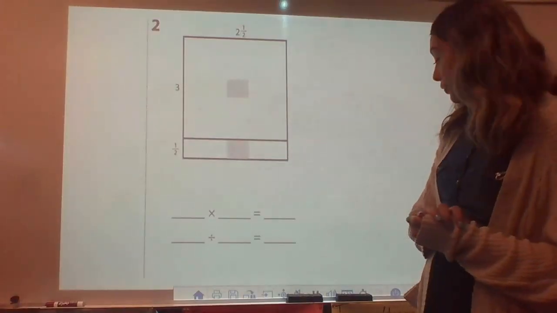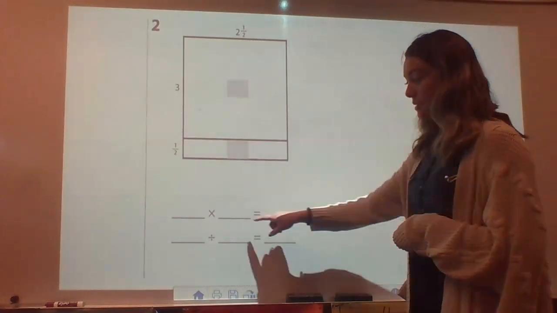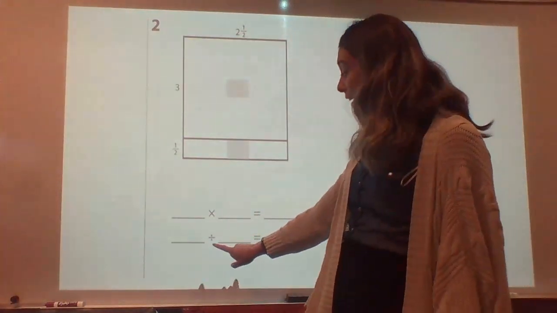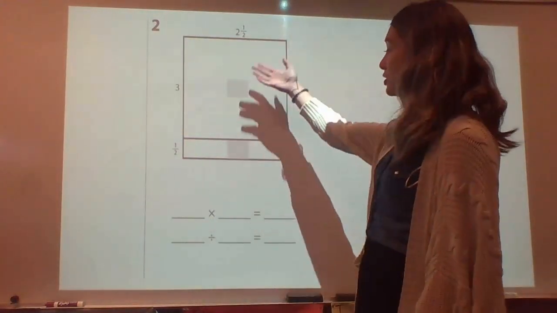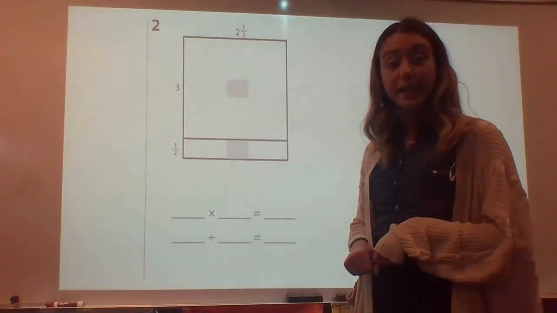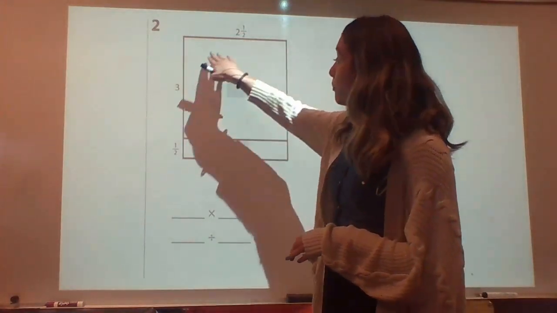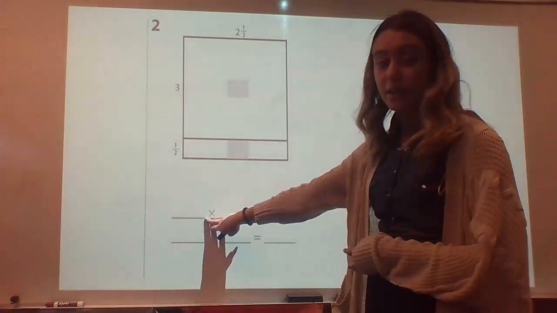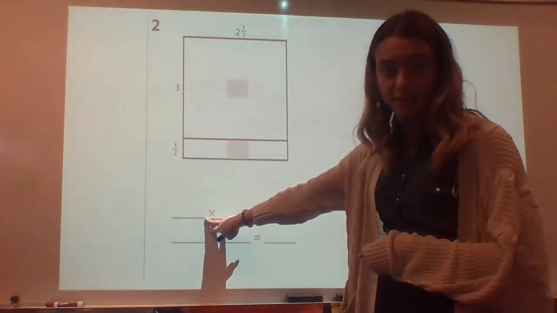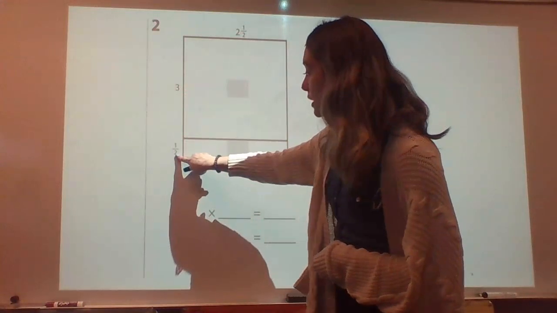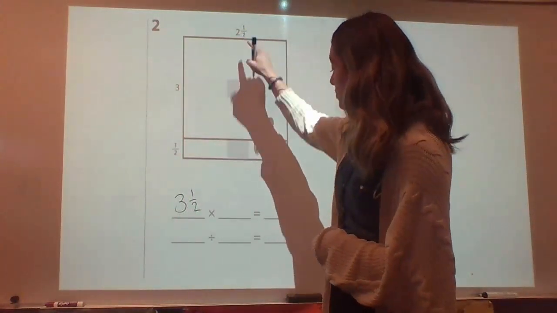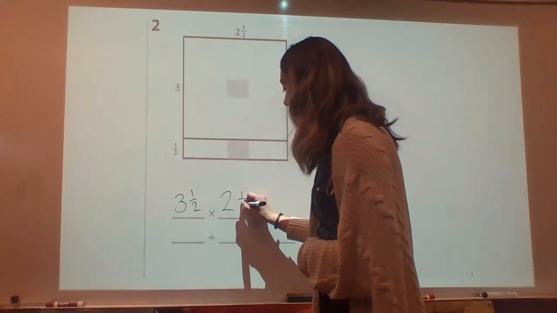Now let's go on to number 2 with our mixed numbers. Here is number 2, and I can see that I'm doing the same exact thing. I have to figure out a multiplication equation and a division equation, including my blanks. However, they gave me all of the dimensions. So really, I can already fill in part of my multiplication sentence here, or equation. I have 3 1/2 times 2 1/2.